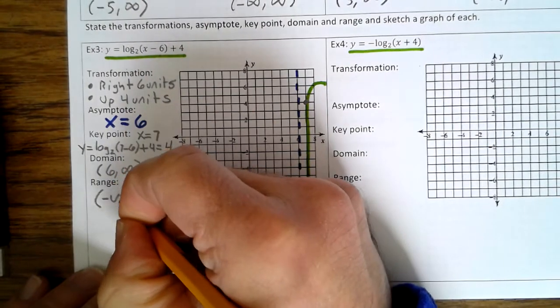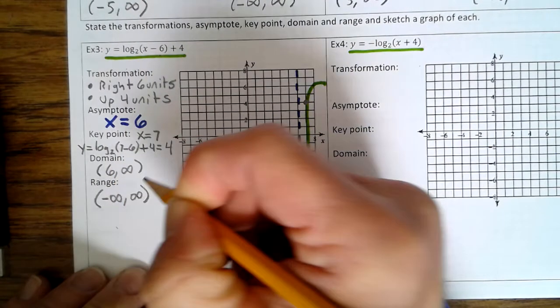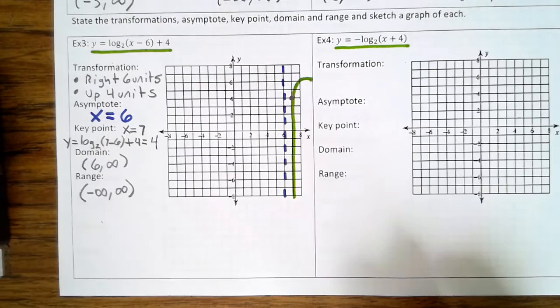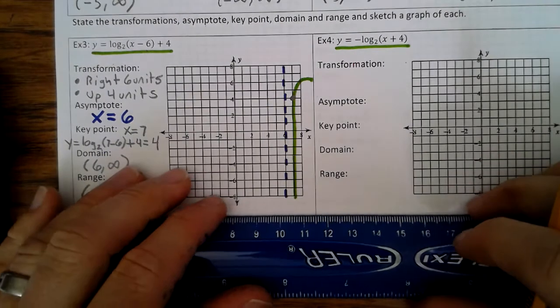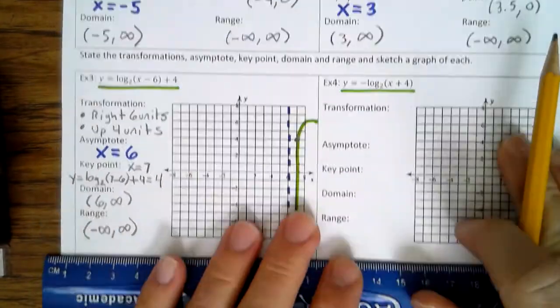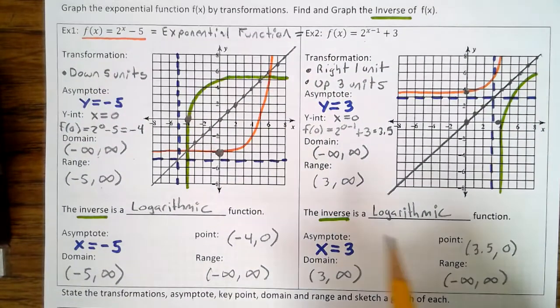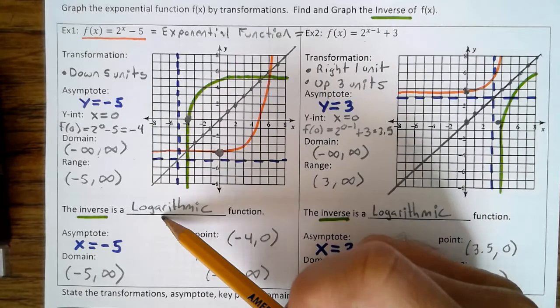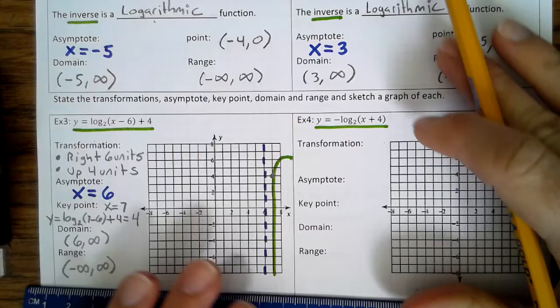Now, I just looked and noticed that we did the exponential, and then we did the inverse logarithmic. But here we did logarithmic, and we don't have the inverse. So let's add that to the assignment now.